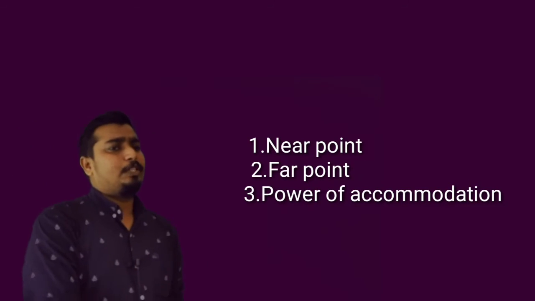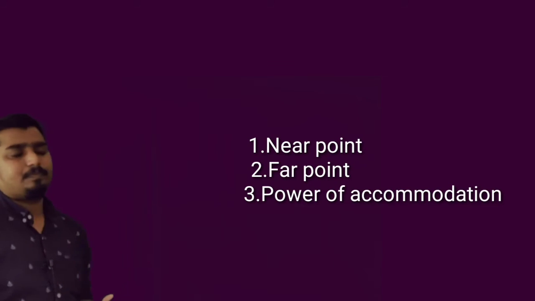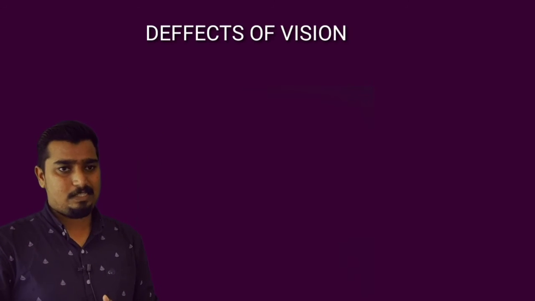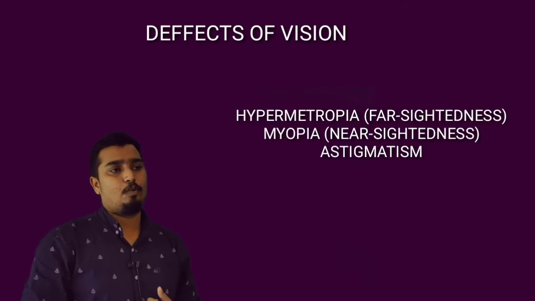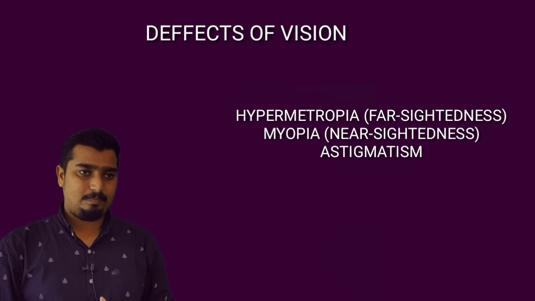Next we are going to discuss the topic, the defects of vision. Here we are going to discuss three defects of vision. One is hypermetropia, or long sightedness or far sightedness.